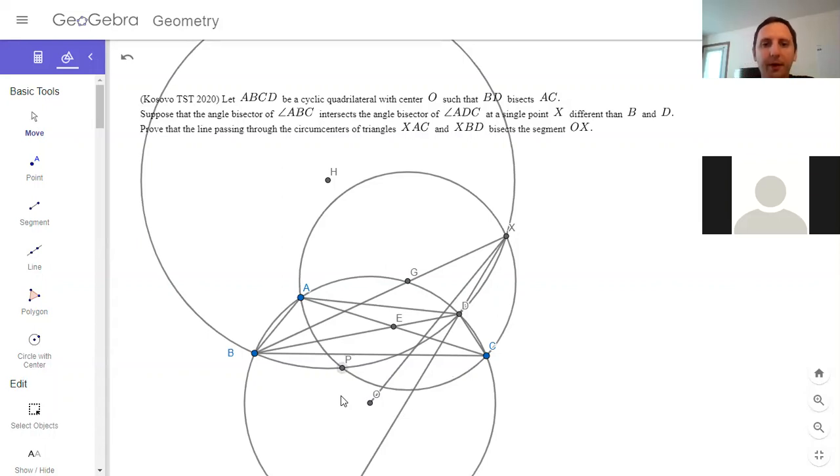Let me think about that. If angle OPX is 90, then that would mean OX would be a diameter of the circle OPX, and that would mean the midpoint of that would be its center.